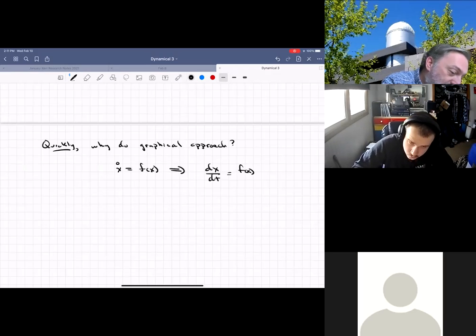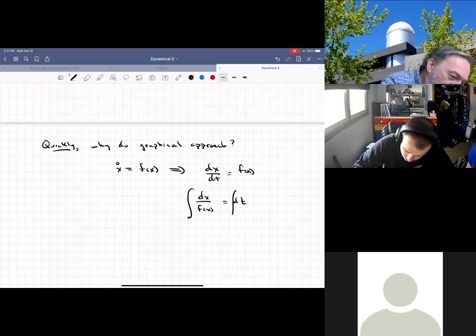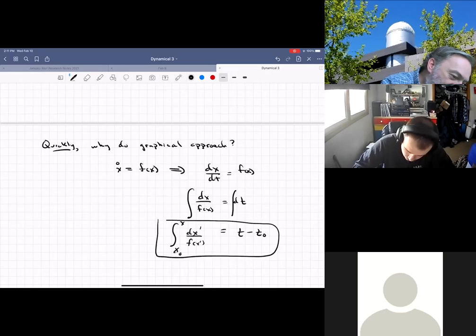And so in principle, dx divided by f of x is equal to dt. And if I integrate both sides, then I get t minus t0 is the integral from x0 to x of dx prime over f of x prime. That's the solution to the differential equation x dot is f of x.